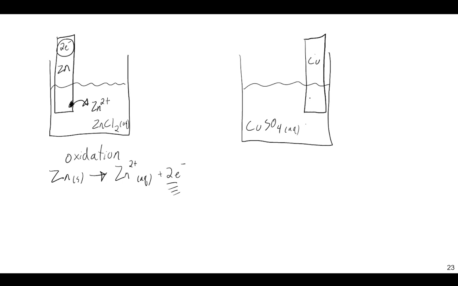Now, on the right side, in this other half cell, so we have the oxidation half cell on the left, we have a reduction half cell on the right, where there is a reduction half reaction happening of copper 2 pluses that are floating around in solution here, because this is an aqueous copper sulfate, SO4 2 minus and Cu2 plus.